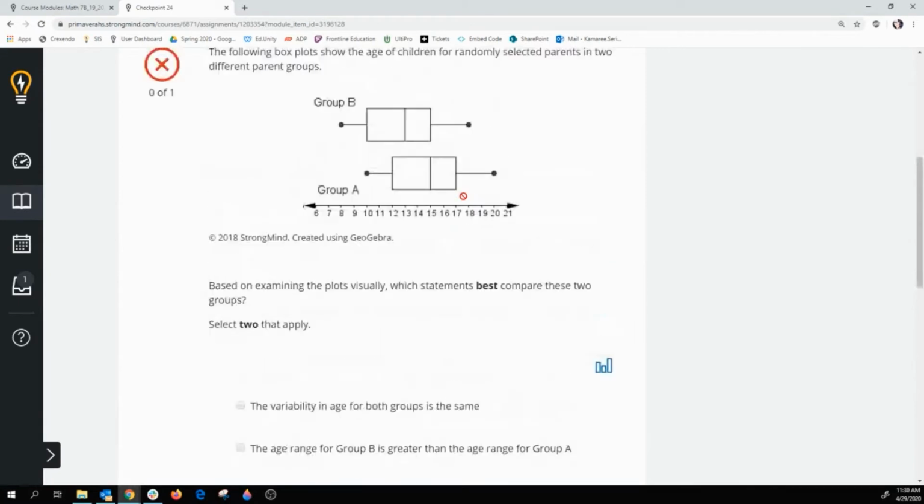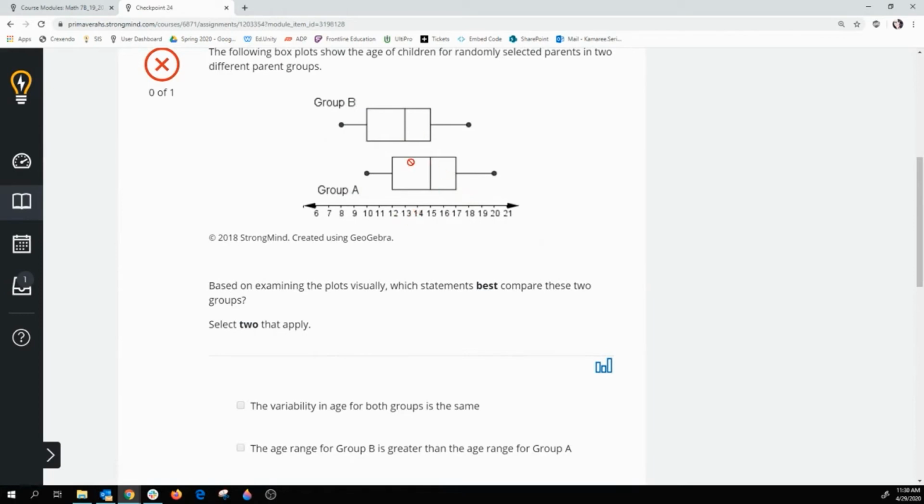So since the range is the same, we need to look and see if the IQRs are different or the same. For group B, my IQR goes from 15 to 10. So 15 minus 10 is 5. So IQR for group B is 5. And for group A, it goes from 17 to 12. So if I subtract 17 minus 12, I also get 5.